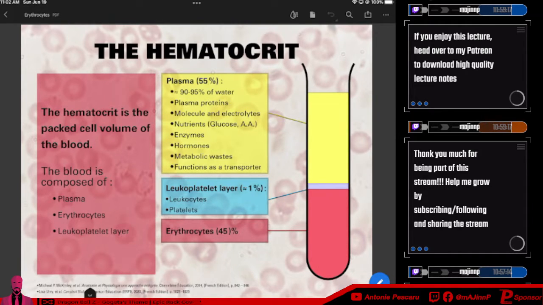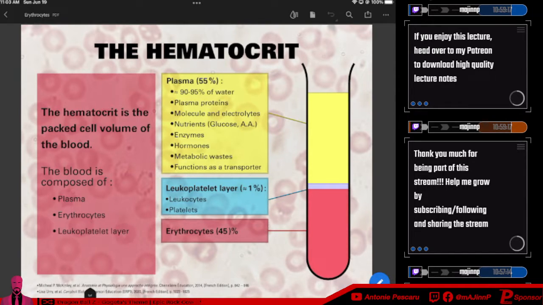Nutrients such as glucose and amino acids, enzymes, hormones, metabolic wastes such as CO2, and, if I'm not mistaken, urea or urobilinogen. I get confused between both of them. I'm going to have to get corrected on that, but that's also metabolic waste as well. And plasma also functions as a transporter.